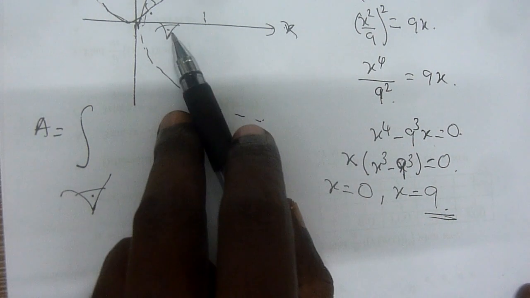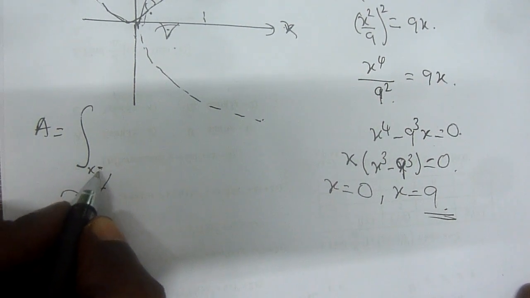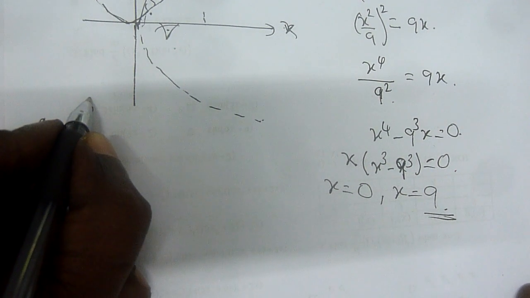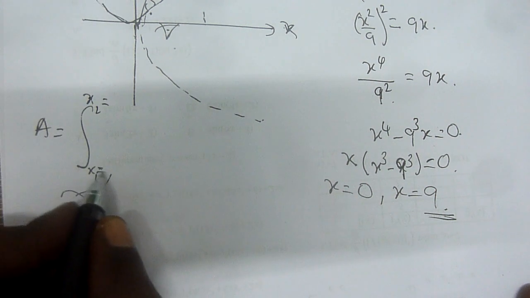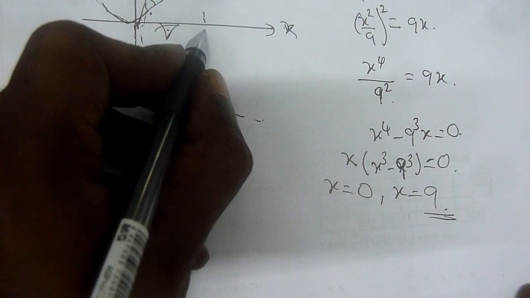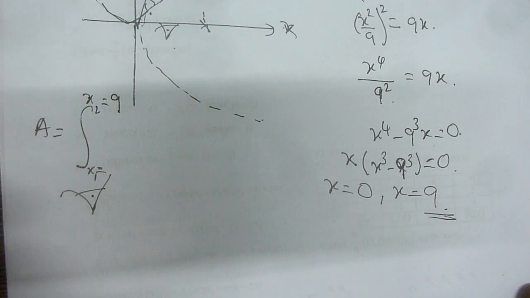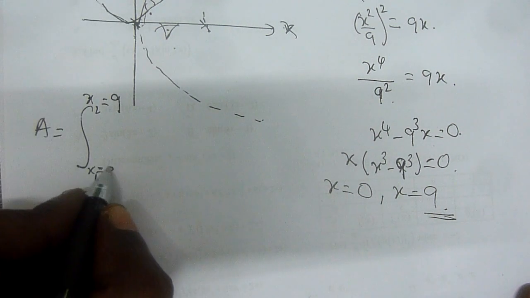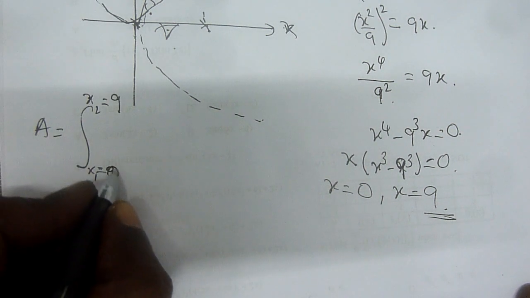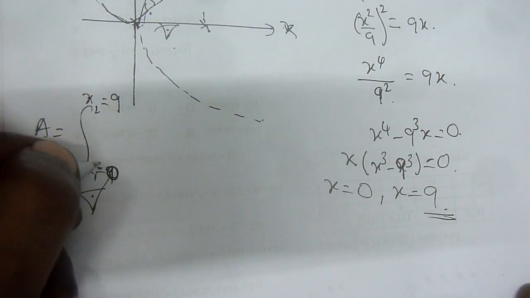You are placing your eye on the x-axis, therefore this becomes x1, x2, no problem. You are referring to the x. What is the x point here? The point here is 9. What is the minimum point, the last point that you are looking at? It is 0. Okay, this one is very clear.